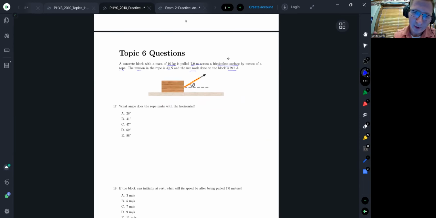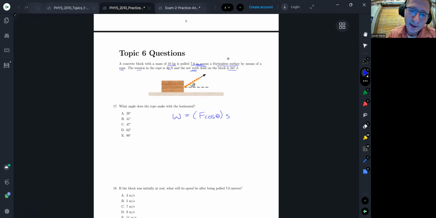How I would think about this is I'm seeing something about work, something about a distance moved, and something about an angle that we want. What's something that relates all of those? Or we've been writing it slightly differently.